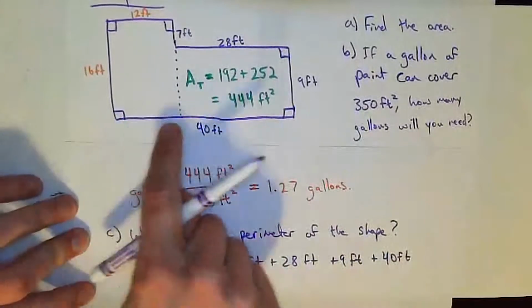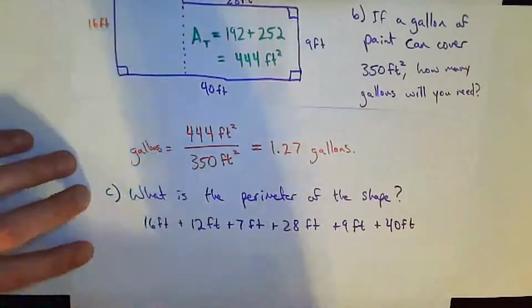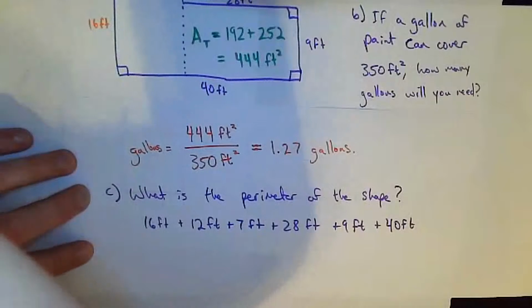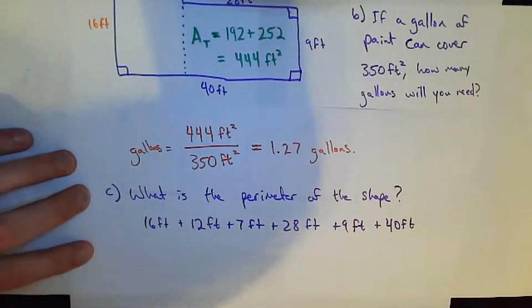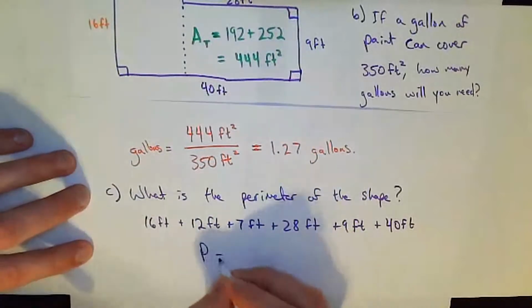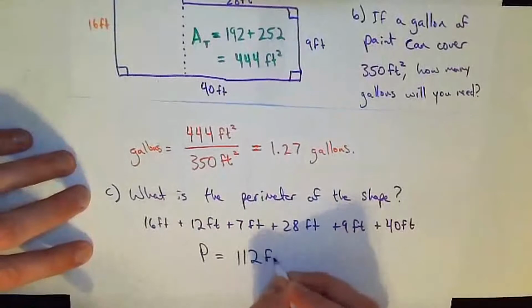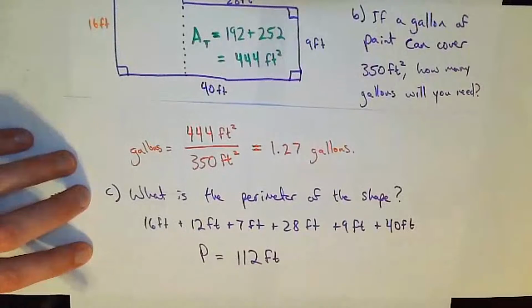And that 40 feet is accounting all the way across there. And what does that give me? Well, calculator can tell me 16 plus 12 plus 7 plus 28 plus 9 plus 40. P for perimeter, 112 feet, not feet squared, right? Just feet, because perimeter is a measurement of length.